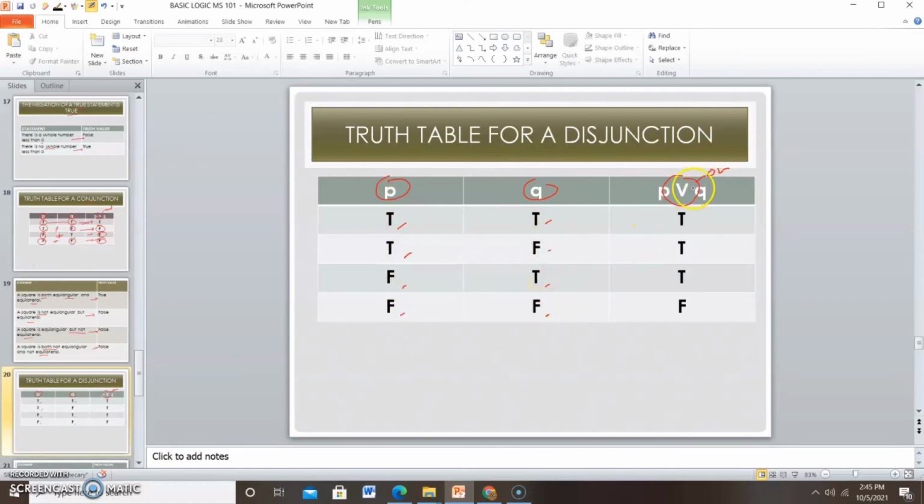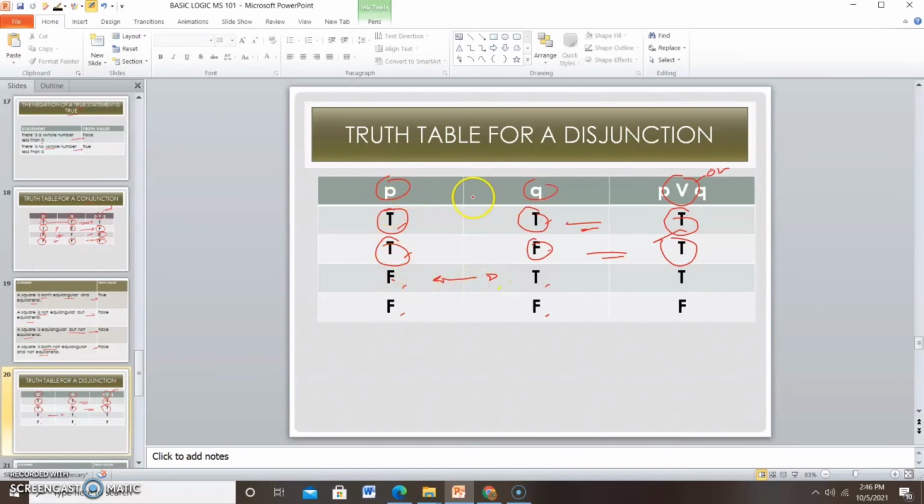When P is true and Q is true, automatically P or Q is true. When P is true and Q is false, as long as there is a true, automatically in disjunction, that is true. Also false and true.